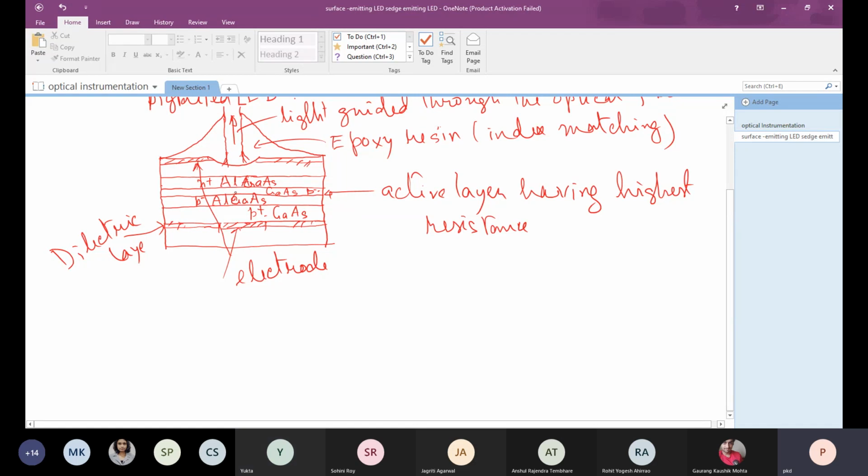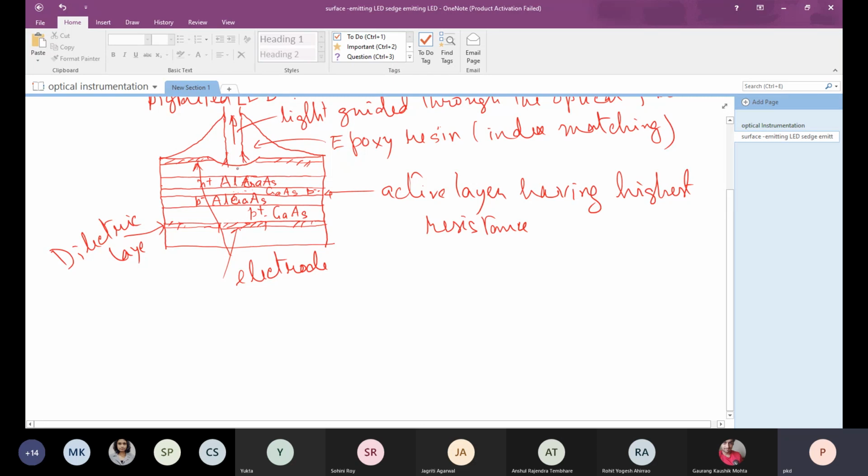One of the disadvantages of this surface emitting LED is that the light is generated mainly due to the recombination here. However, it has to go through this N plus layer and the subsequent buffer layer to be collected in the optical fiber. So that is one of the disadvantages.